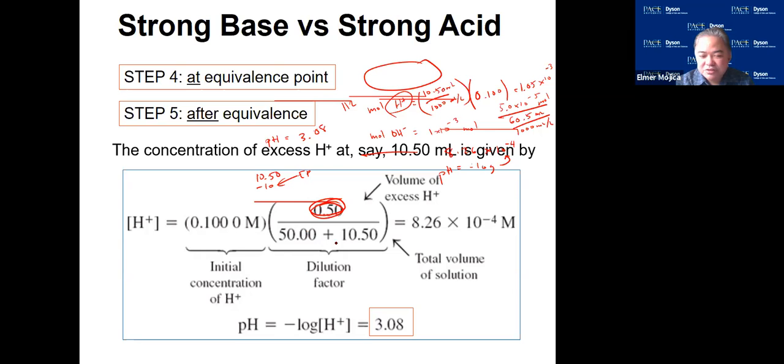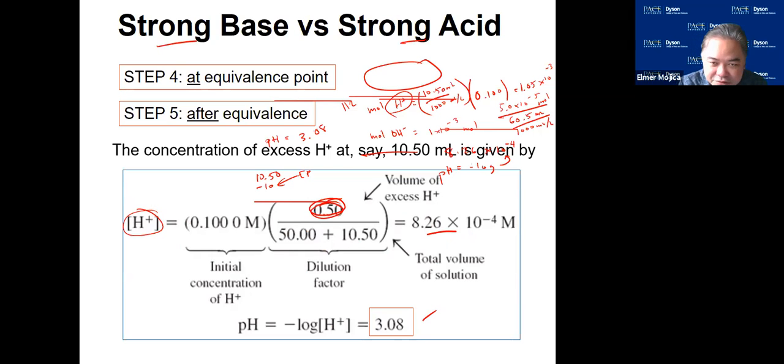And then you divide it with the total volume of the solution. And from that, you get this. So since this is already the H plus, you're able to get this as 3.08. So this is how you solve a strong base, strong acid titration problem.